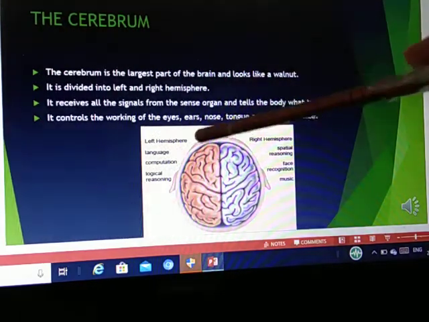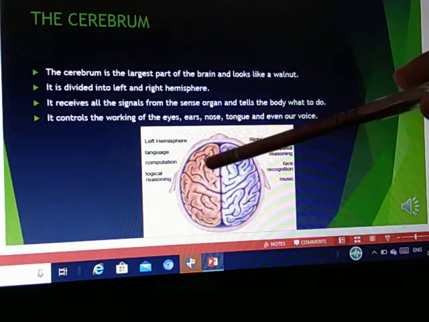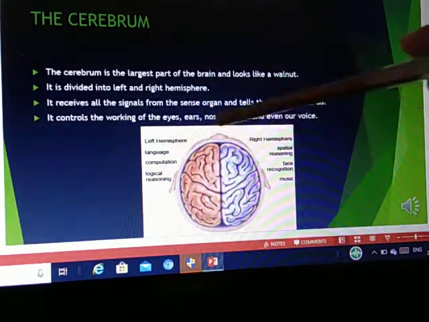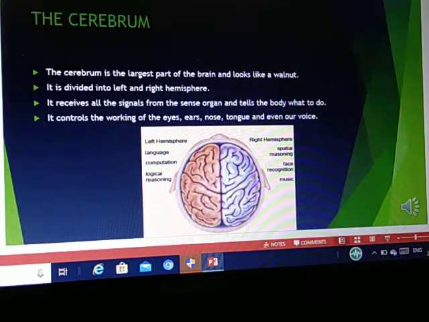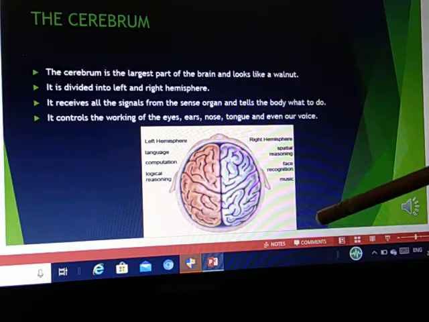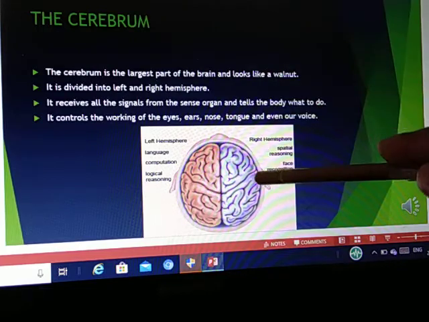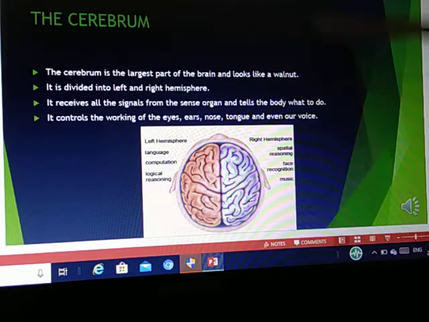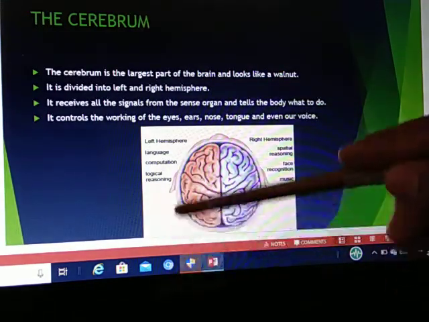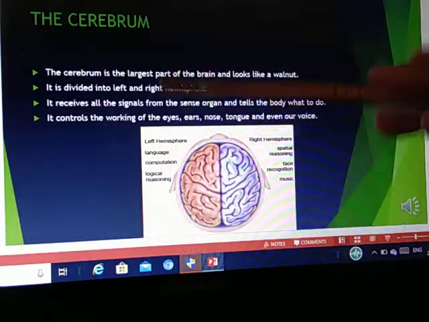Okay students, now there is one extra piece of information. If the left part or left hemisphere of the brain gets injured, then the right side of the body stops working, and vice versa. When the right brain gets injured, then the left side of the body stops doing work.